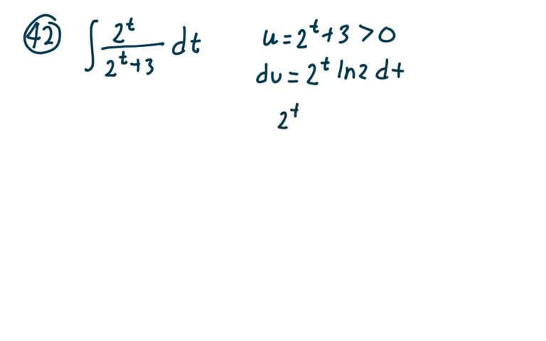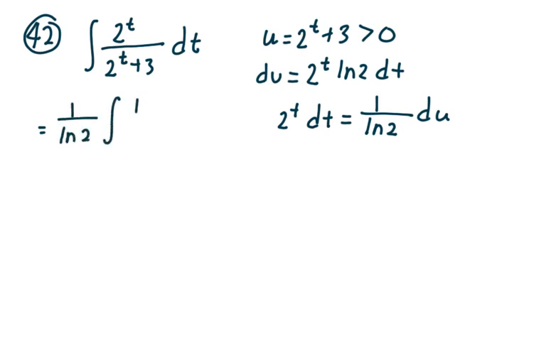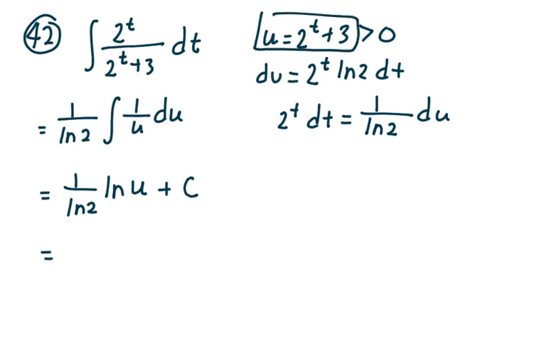So 2 to the t dt is 1 divided by the natural log of 2 du. And so this is 1 over the natural log of 2 times the integral of 1 over u du. So this is 1 over natural log of 2, natural log of u, and again, u doesn't have to be put in absolute value. Same argument, plus c. Now I get to replace u with 2 to the t plus 3.